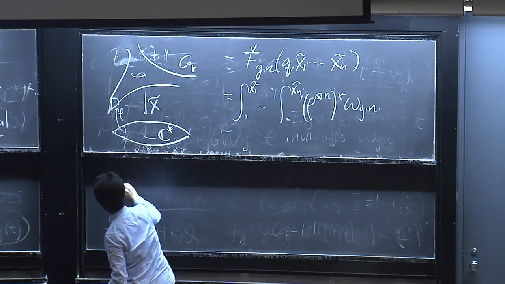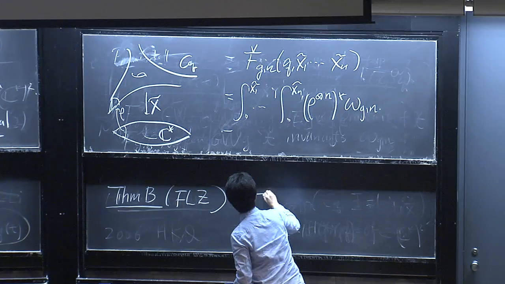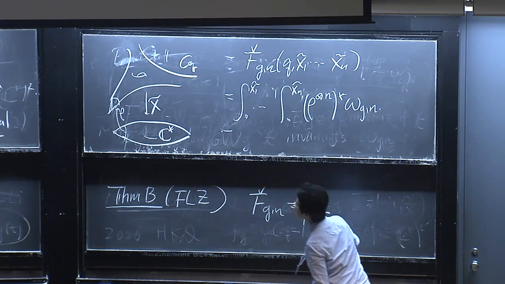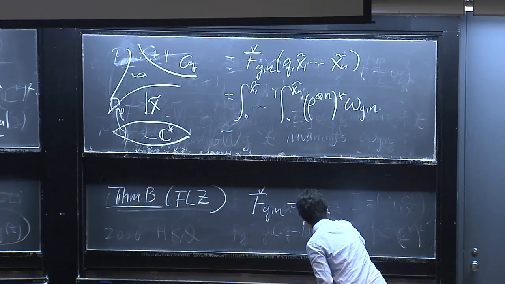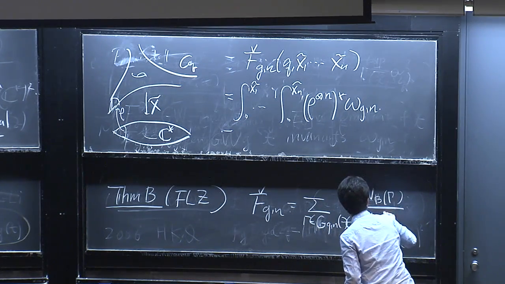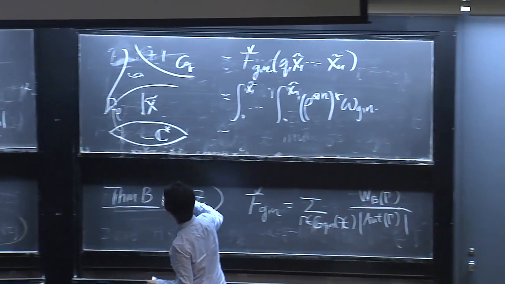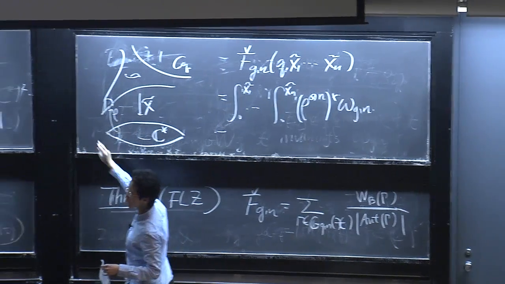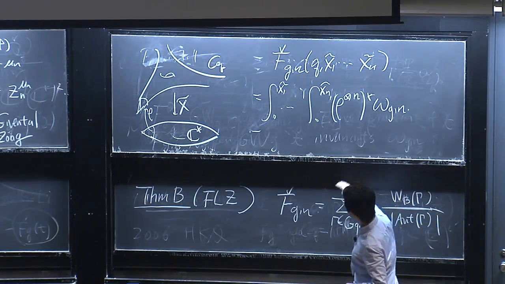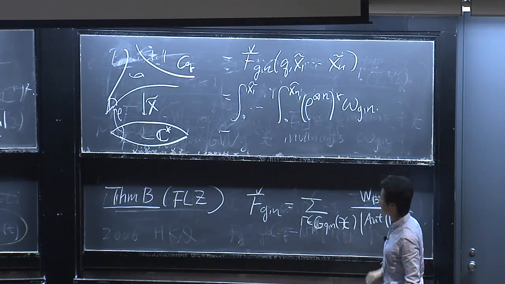So we actually prove that we use this graph sum formula, take it and expand it near this point, and we get the graph sum formula of the genus g Gromov-Witten potential. So we get the B model potential, and there's a graph sum formula, and actually it's a sum over exactly the same set of labeled graphs.